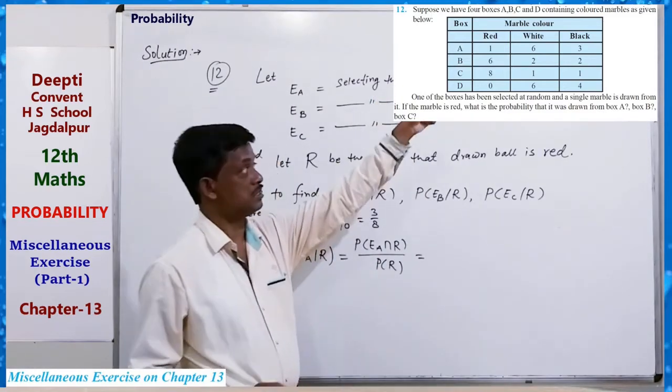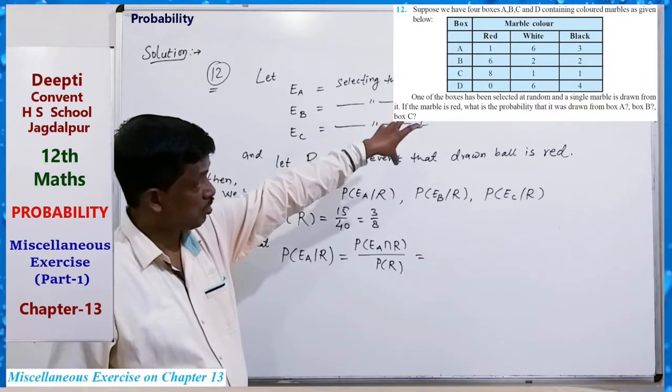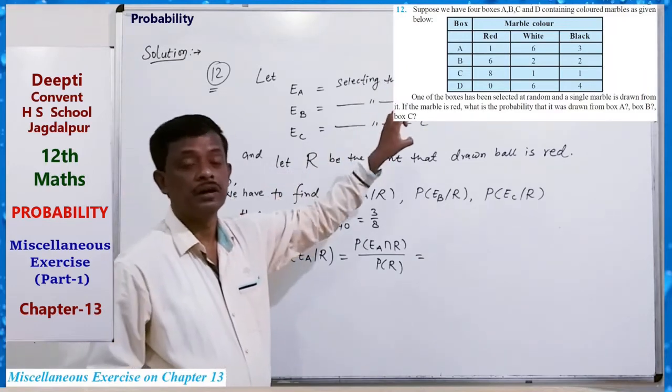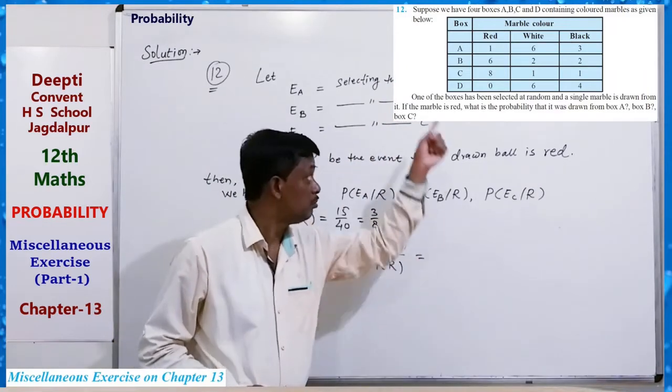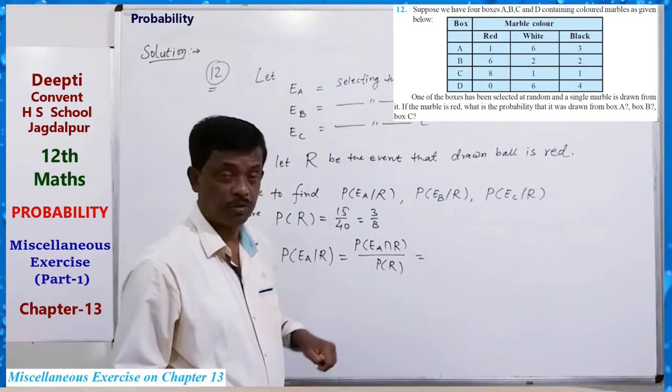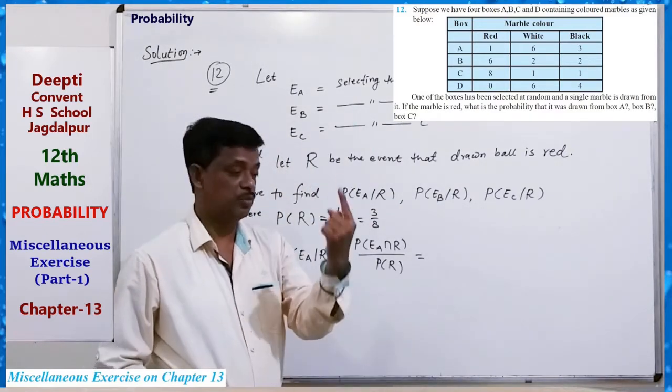In the table, from box A, how many red balls are there? Red ball 1.